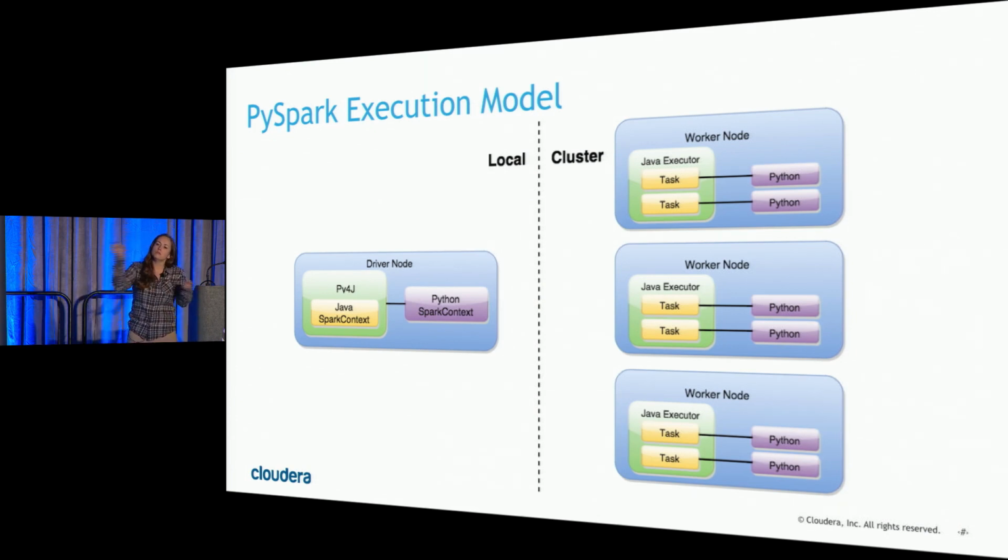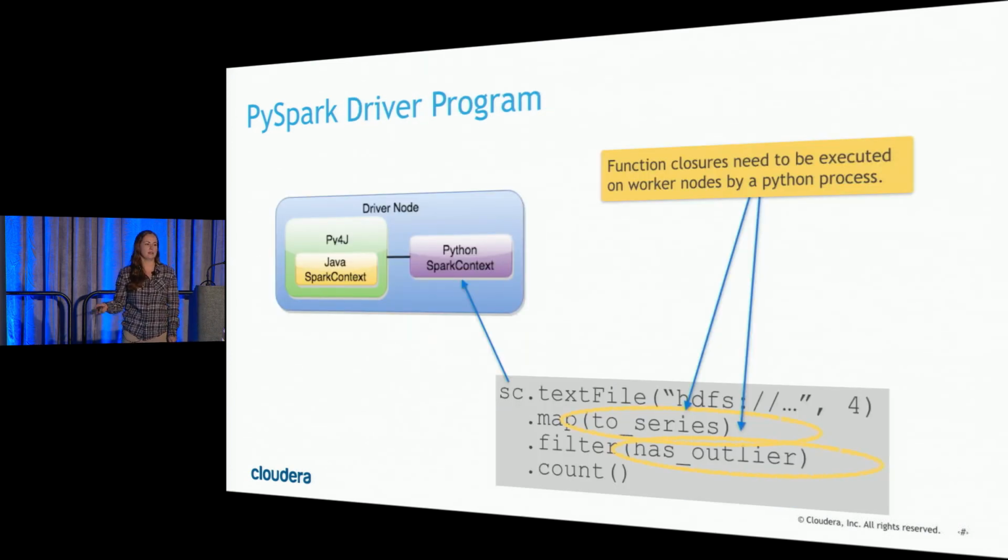And then we also need to be able to move the functions that we've defined in our driver program, for example, toSeries and hasOutlier, these operations that are Python functions that I've defined somewhere else in my code, and then apply them out on our cluster. So there's a few things that happen. First, the functions themselves and their closures, meaning all of the context that you need around a function in order to apply it, get serialized using pickling essentially, but they use a specialized library called Cloudpickle, so that these can be put into a binary format, shipped off to the worker nodes.